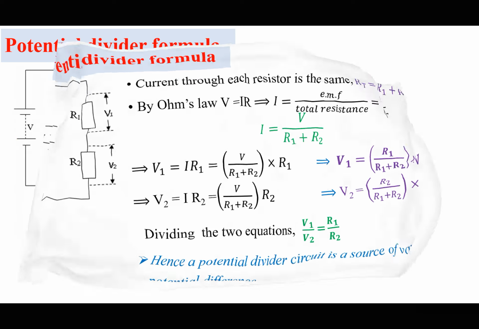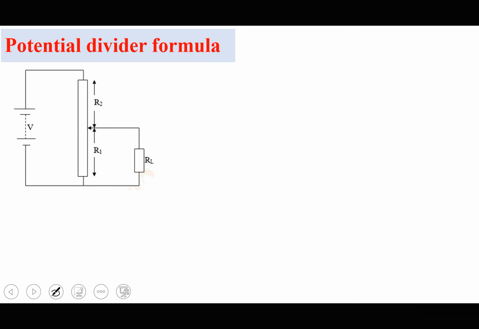Let's look at a potentiometer in use as a potential divider. So instead of having two resistors in series, I now have a single resistor, or a single wire which is acting as a resistor. However, I have a sliding contact, so this is going to be a rheostat. I can move the sliding contact upwards or downwards to vary the length of the wire into consideration, thereby varying the resistance of that part.